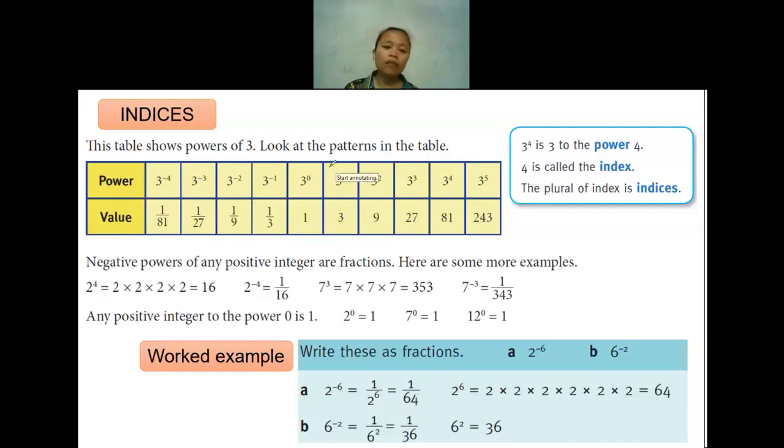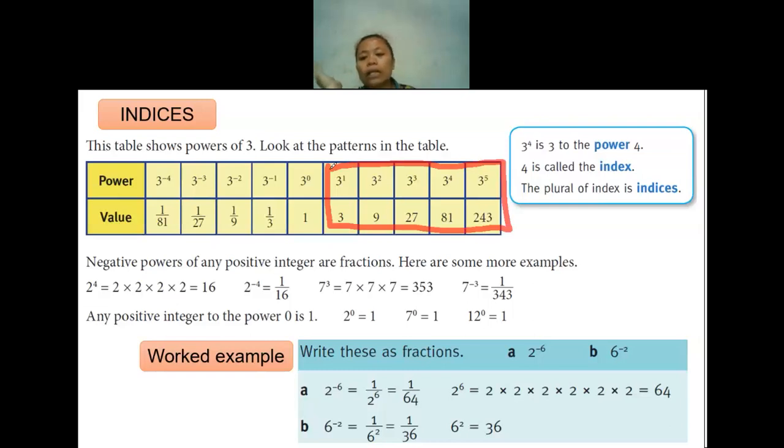Now, if I think from 3 to the power of 1 until 3 to the power of 5, is there anyone who is still getting confused to find the value of 3 to the power of 2 is equals to how many? 3 to the power of 3 is equals to how many? Is there anyone who still having any difficulties?